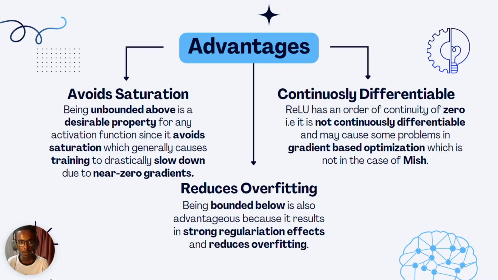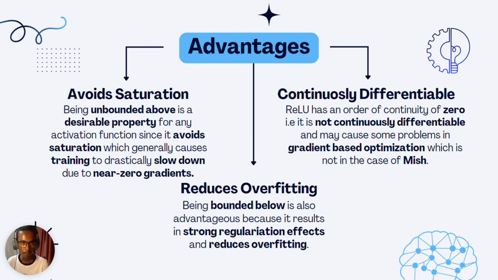And finally, let's take a look at the advantages of this activation function. So the first one is that the Mish activation function avoids saturation. Being unbounded above is a desirable property for any activation function, since it avoids saturation, which generally causes training to drastically slow down due to near zero gradients.